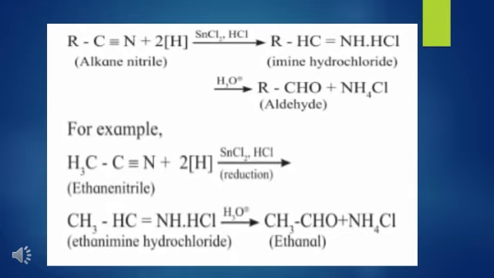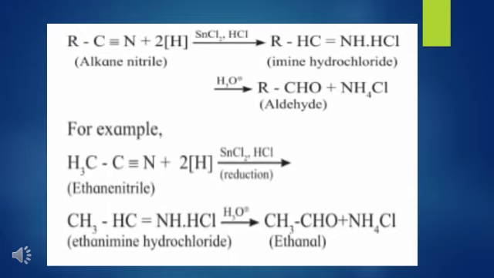CH3-CH double bond NH HCl. Two hydrogen atoms in the reactant react with the first reactant, and one hydrogen is combined with carbon and one with nitrogen, and hydrochloric acid attacks this nitrile group, and this is the intermediate product.